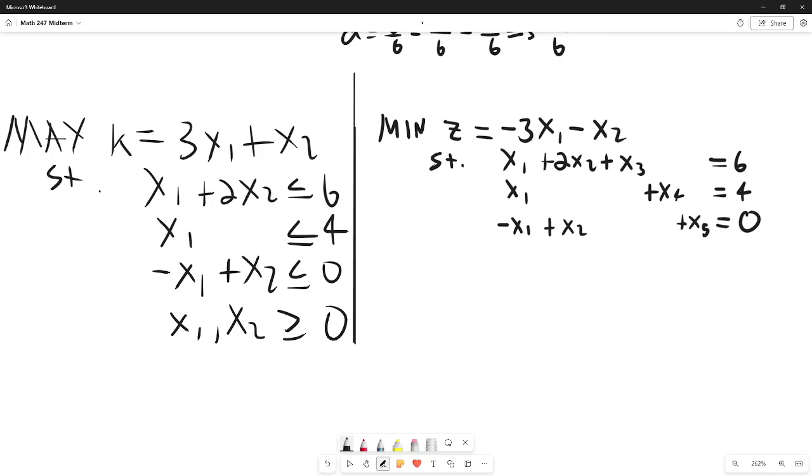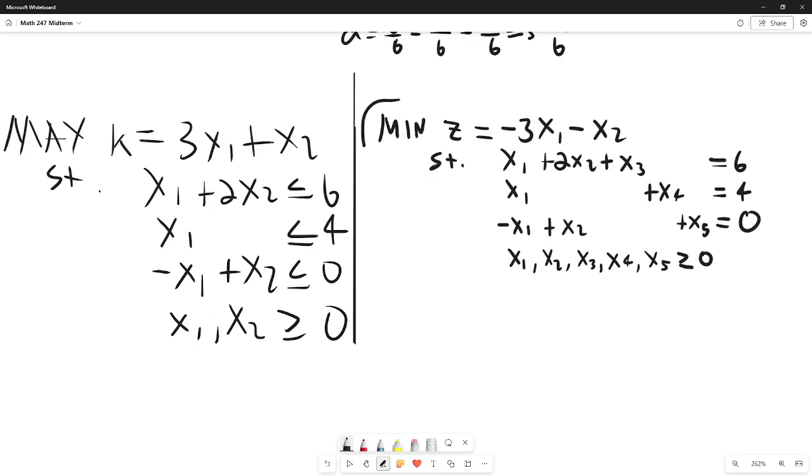And now, again, remember we needed for all of the variables to be greater than or equal to 0. We know that x1 and x2 are already greater than or equal to 0, but we also just added x3, x4, and x5. So we must also say that x1, x2, x3, x4, x5 are all greater than or equal to 0.